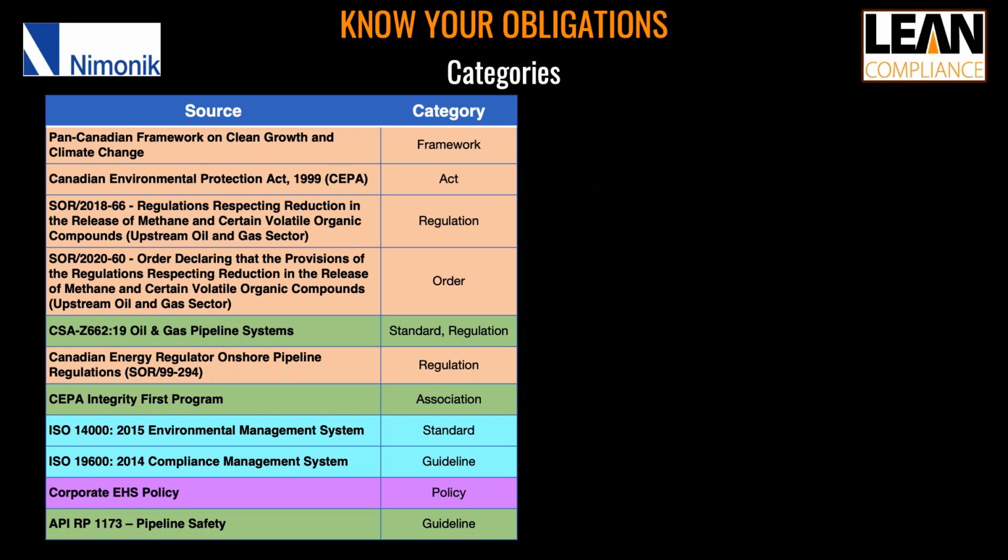And some of these will have a component of both, like the example of CSA Z662. It's both a standard and a regulation. That's interesting. Each of these categories communicates important information. So it's worth knowing where they come from and what category they're in. They communicate important information regarding the nature of the obligations.